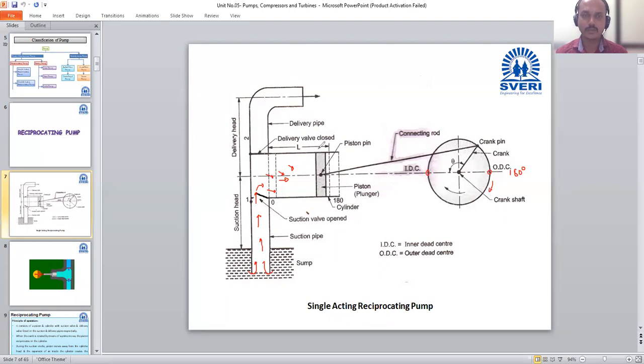So the piston starts moving in forward direction. So at that time, what will happen? The piston creates pressure as it is a closed cylinder. Okay, airtight passage is there. So it creates pressure on the water which was sucked at the time of the suction stroke.